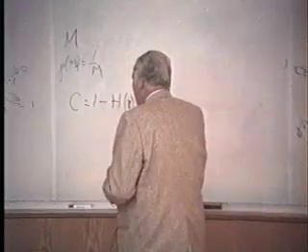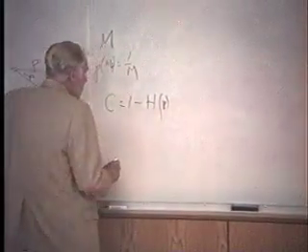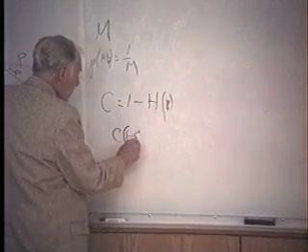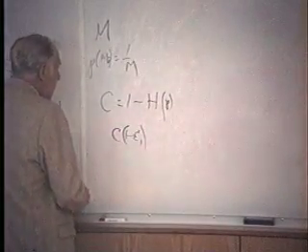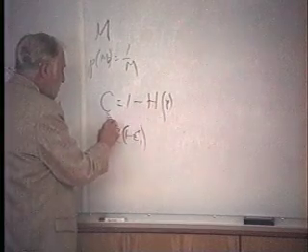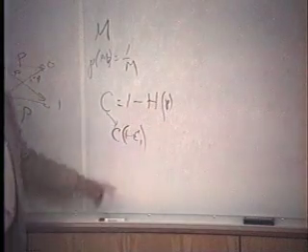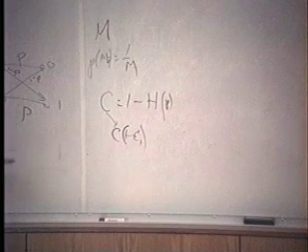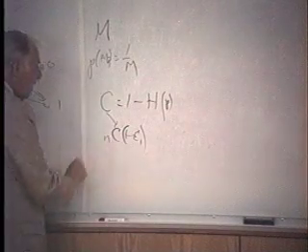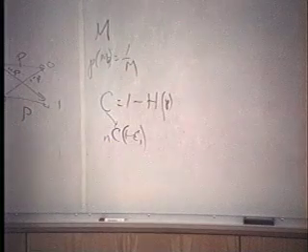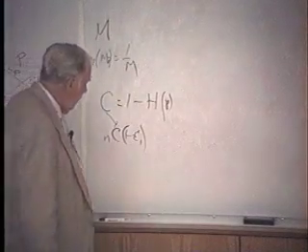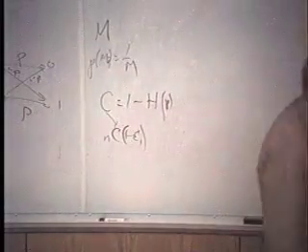Now, I can't achieve channel capacity, so I'm going to have to go to channel capacity minus epsilon. I'm going to have to go a little less than channel capacity. You pick epsilon as small as you want. Let E1 be as small as you please. How close do you want to get to channel capacity? You pick it. Now, that's per bit. If I send n bits, that's the amount of information I get through. So that's not bad.